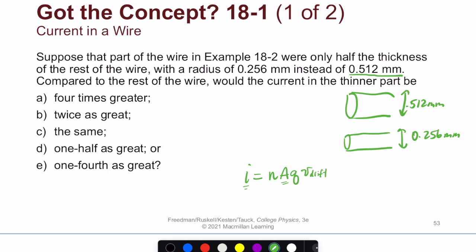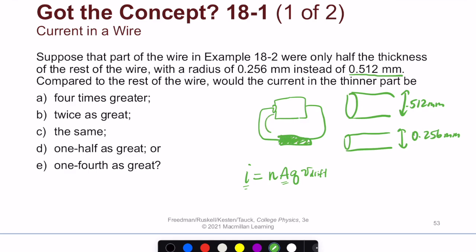But let me remind you that before we looked at this equation, we defined the current through a circuit to be constant at all points of the circuit, okay? So even though we have a circuit that has a thin area and a thick area, let's just pretend that's a thicker wire, right?